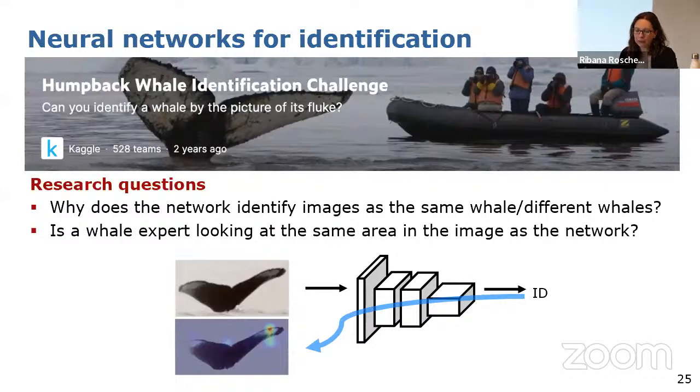But also from a machine learning perspective, if the network behaves similarly to a whale expert, we can exploit the expert knowledge much, much better. For example, we know that scars can change over time, so it might not be a relevant feature for identification.